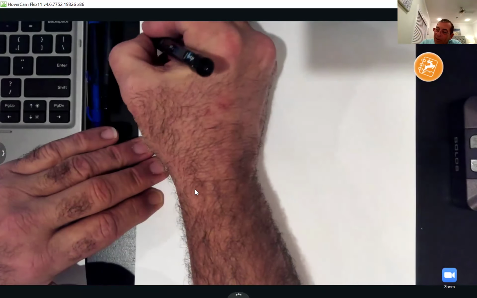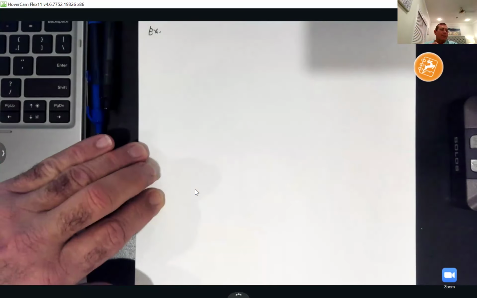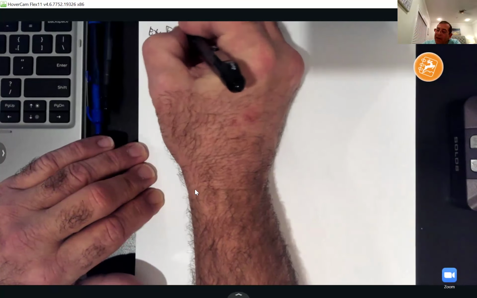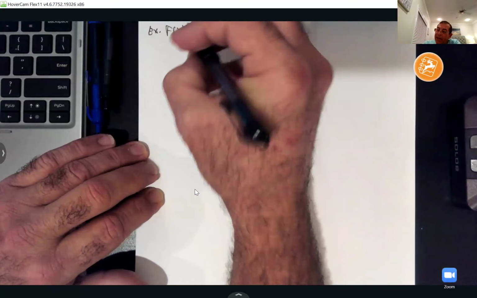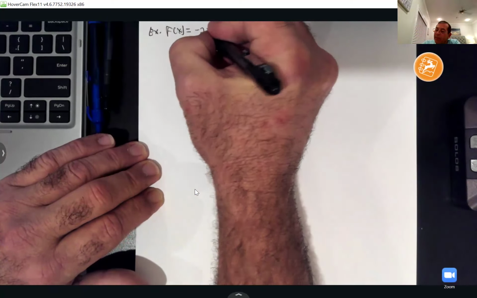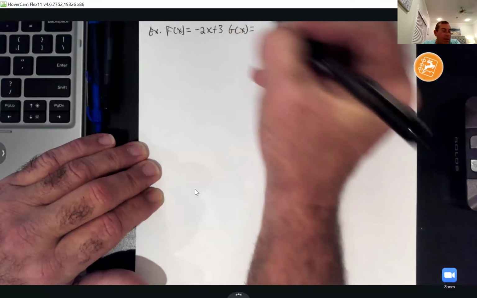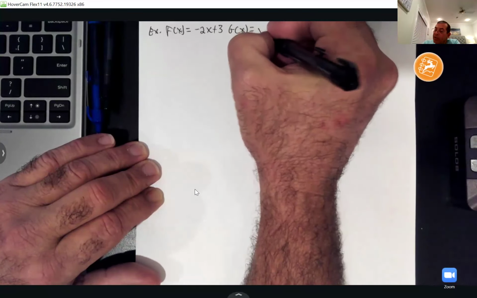So now let's see what they're going to do. So now we're going to let f of x equal negative 2x plus 3. G of x is going to equal x squared plus 2.